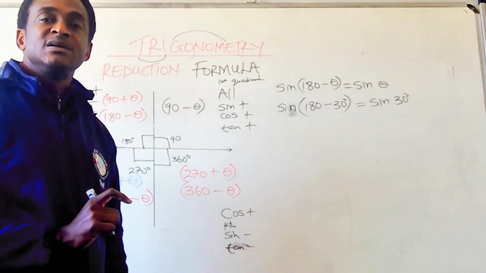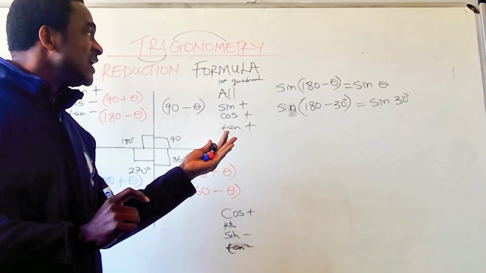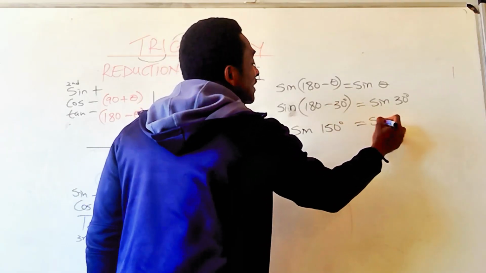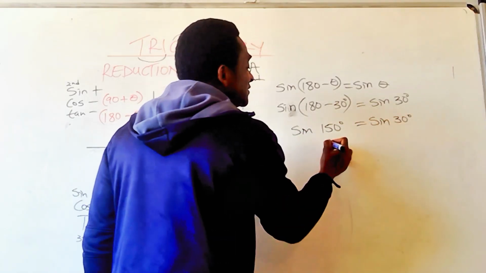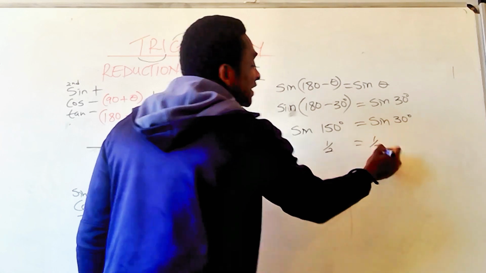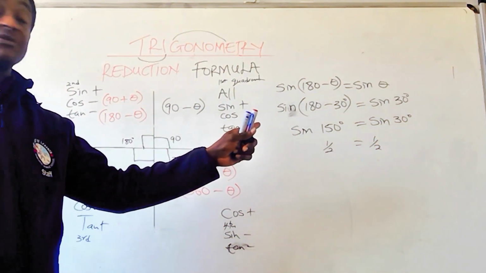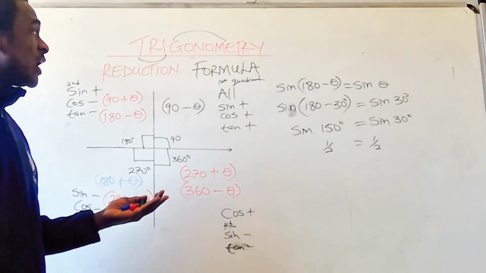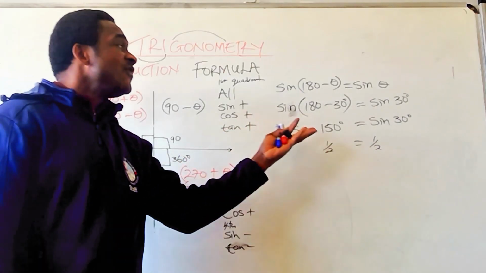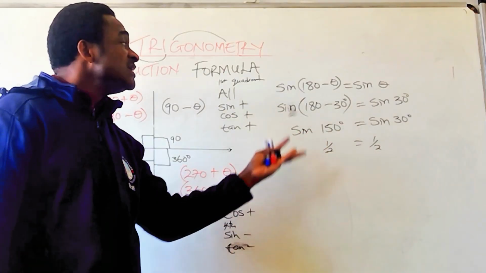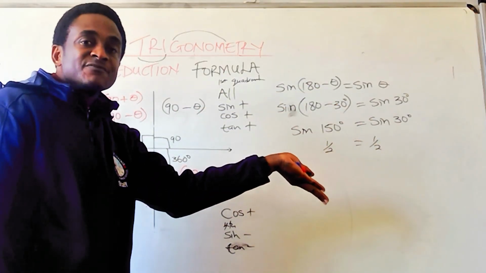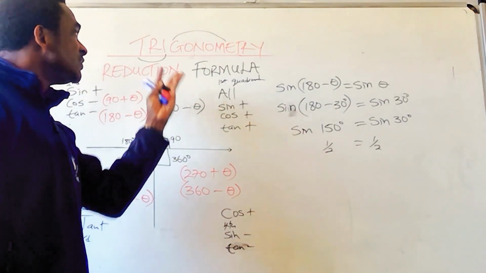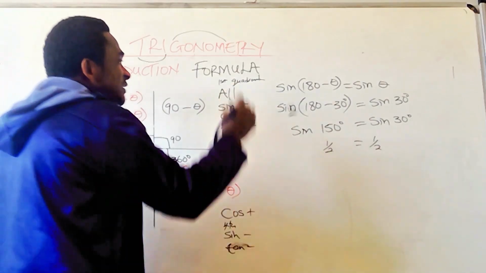We can verify this: it is sine of 150 degrees, and it is equivalent to sine of 30 degrees. If you punch it on your calculator, you will see that sine of 150 degrees is equivalent to sine of 30 degrees. That is the essence of working with the reduction formula. When you have very high values, you can easily simplify them, that is, reduce them, and then get the actual equivalent from these formulas. Now, let's go on.